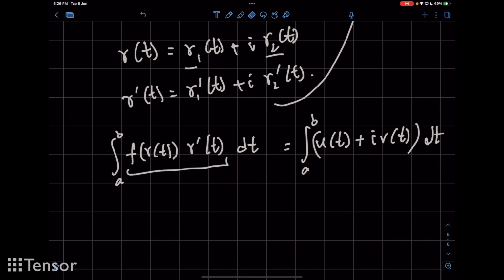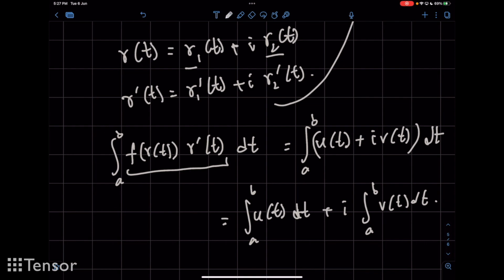Then we define this integral by splitting up the real and imaginary parts and integrating them as usual: the integral from a to b of u of t dt plus i times the integral from a to b of v of t dt. These are the basic things about integration.